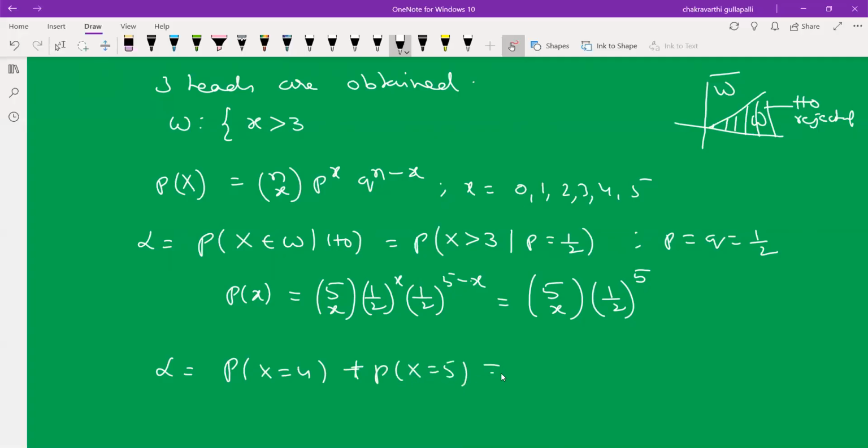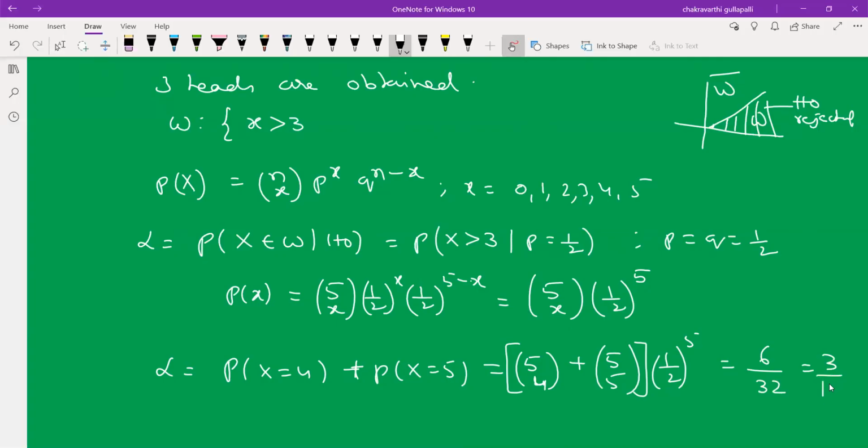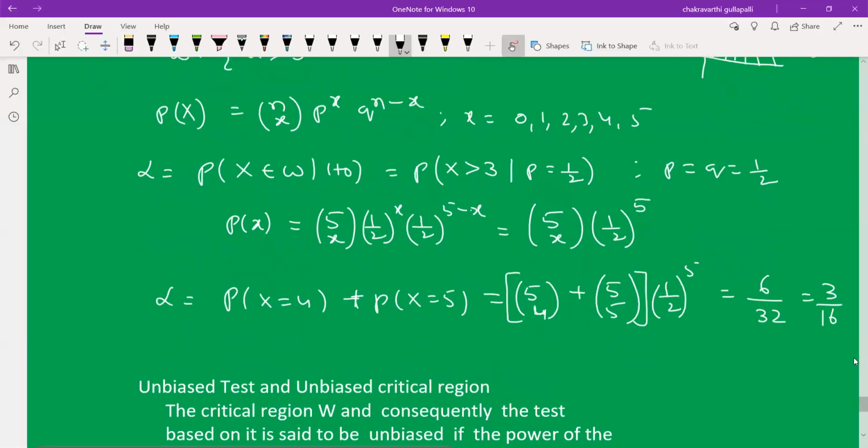X equal to 4 means 5C4 plus 5C5, multiply with common constant value 1 by 2 whole power 5. 5C4 is 5, 5C5 is 1. 5 plus 1, 6. 6 by 32. The result is 3 by 16. That is alpha value. 3 by 16 is alpha value.